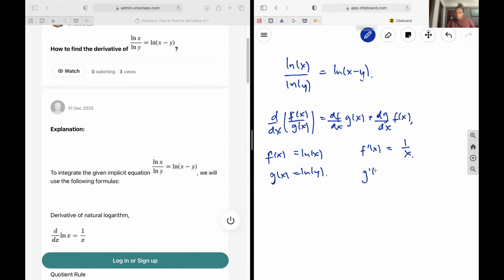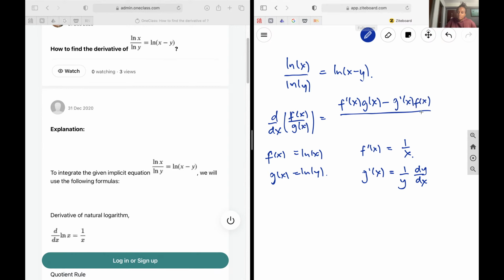And so the derivative of g of x will be 1 over y by the derivative of y, so dy over dx. And so we're just going to put that all back into our, oops, my apologies, I wrote the wrong formula here. This is supposed to be the derivative of f by g of x minus the derivative of g by f of x, over g of x squared. So the formula I wrote before is the product rule, which the quotient rule is actually derived off of.